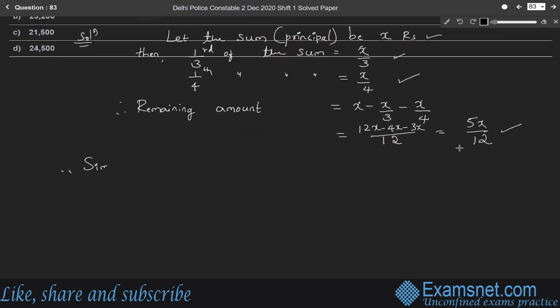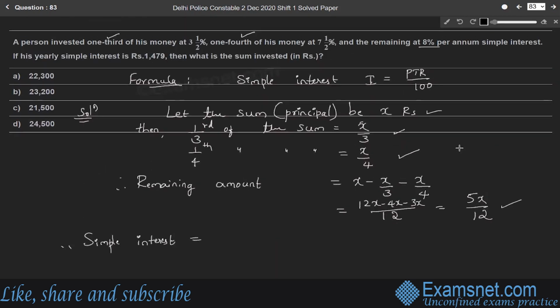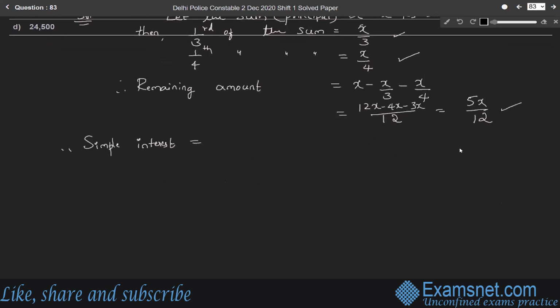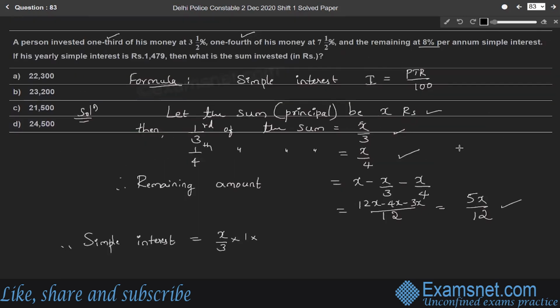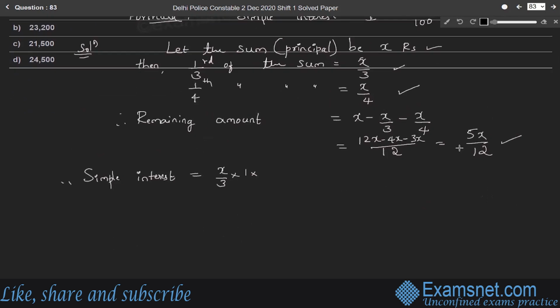Therefore, simple interest is equal to, in the first case, the person invested 1/3 of his money at 3.5% rate of interest for 1 year. So simple interest, principal amount is X by 3, into time, 1 year, R is rate of interest, 3.5, right? Divided by 100. So we'll divide it later.